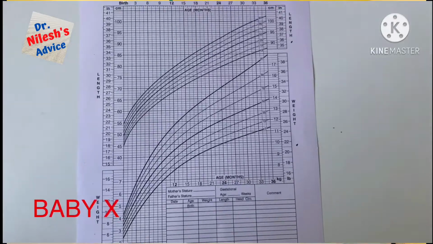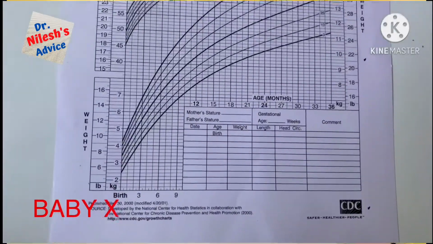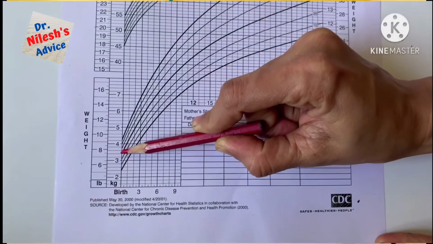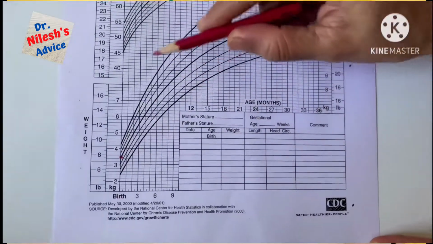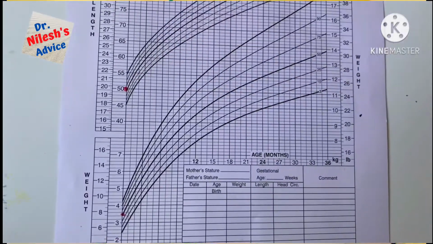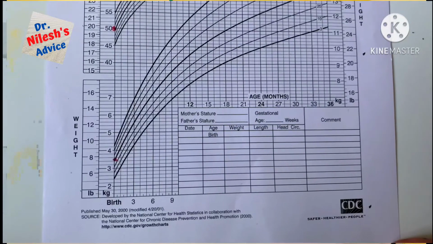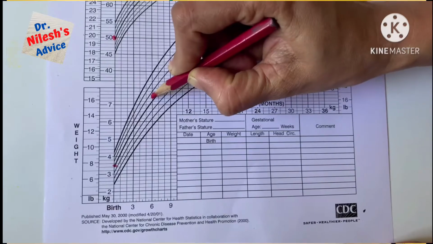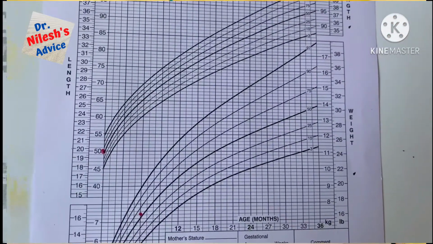Now let's see baby X. Baby X, the birth weight is 3.5 kg and height is 50 centimeters. Now baby's growth at 6 months: weight is 7.5 kg and height is 67 centimeters.